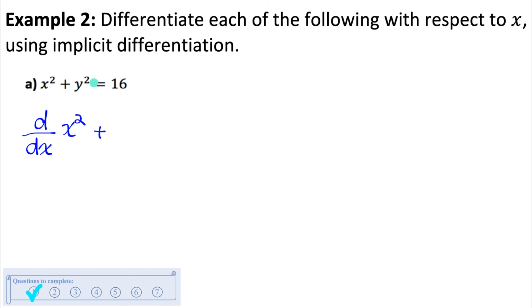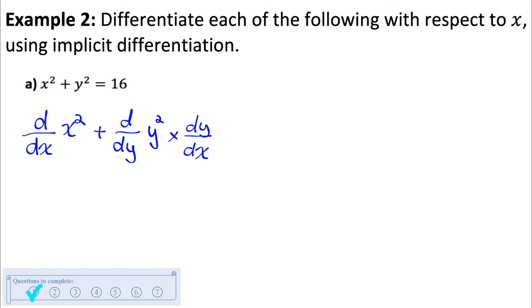Plus, I'm going to have to find the derivative of y squared with respect to x. That's not going to be so easy because this is a function of y. So what I'm going to do is first find the derivative of y squared with respect to y. But keep in mind, I want to find the derivative with respect to x, so I then need to multiply that by the derivative of y with respect to x.